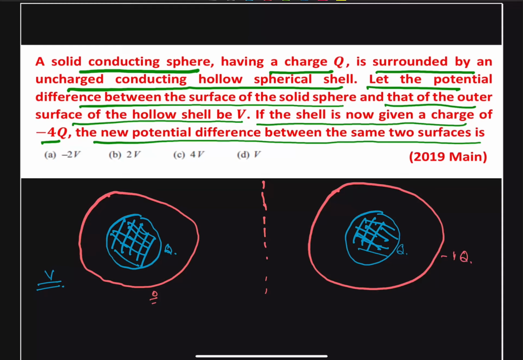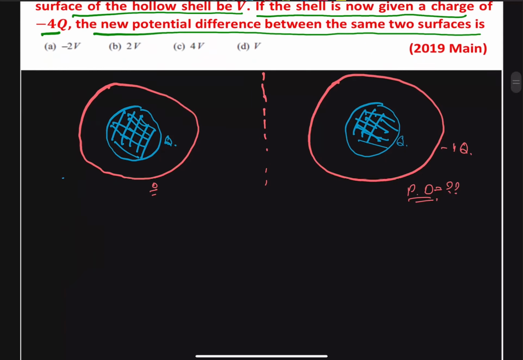So in this case we have to find out what will be the new potential difference. Initial potential difference is given as V.